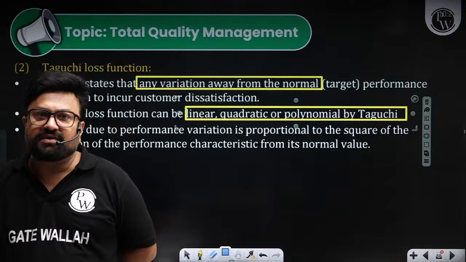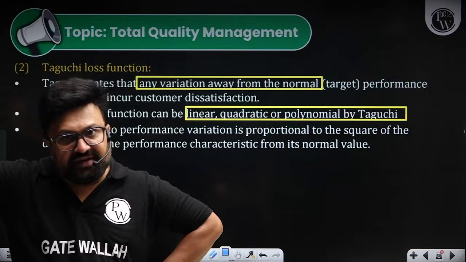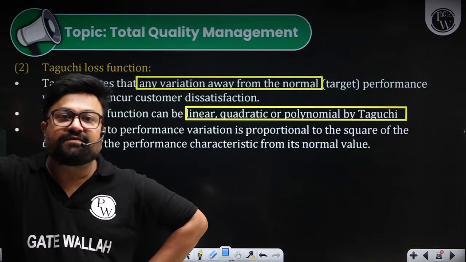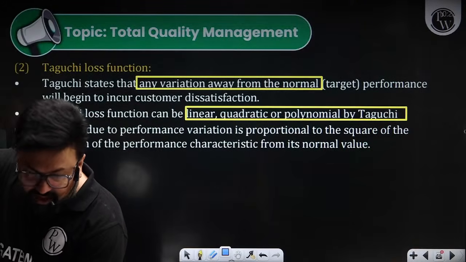The loss due to the performance variation is proportional to the square of the deviation of the performance characteristic from its normal value. So how can you write?